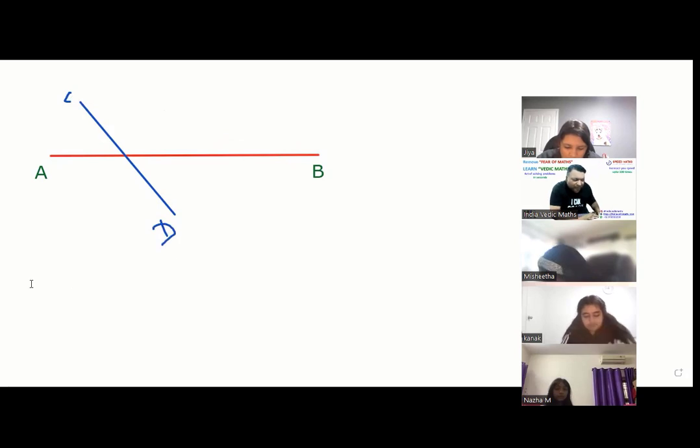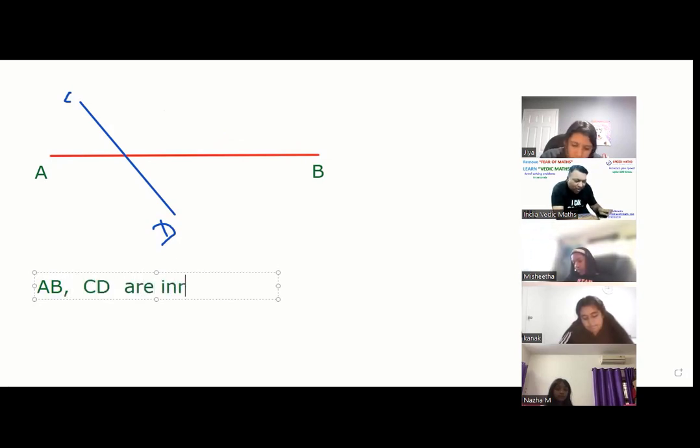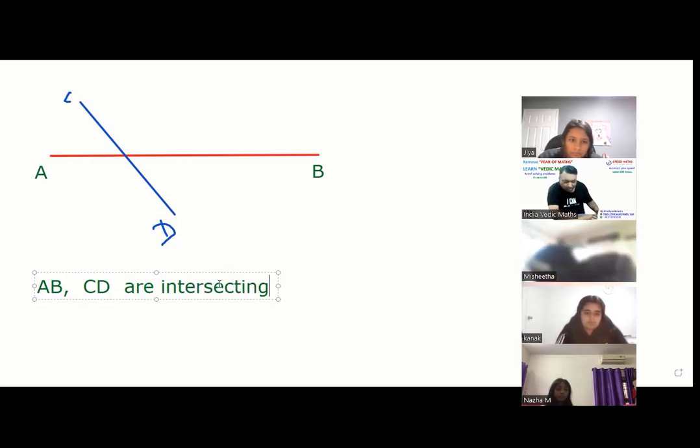What is happening is AB and CD are intersecting. They are touching or cutting each other somewhere. Intersecting. Now, intersection can be of multiple types.